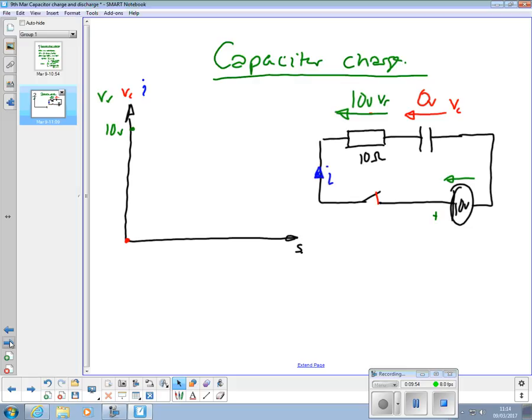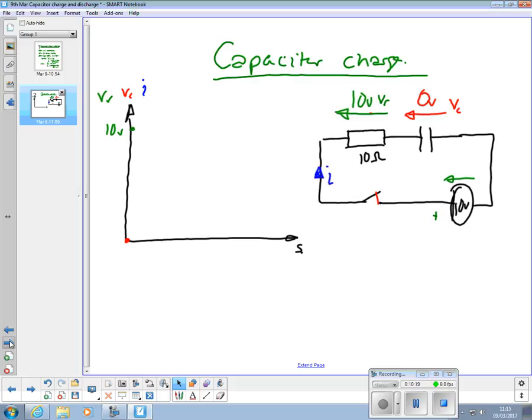V over R. Which V? What's controlling the current in this circuit? Yeah, no, but what is controlling the level of current in this circuit? The resistor. So we have to use VR and the value of the resistor all the time.